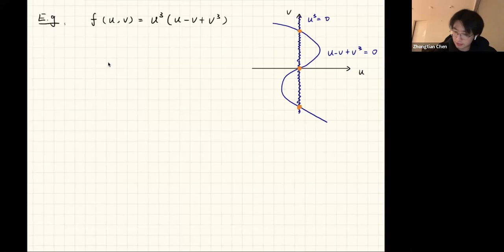Right. Then how do we say these orange points are normal crossing singularities? I'll do an example at just one of these points, say the origin.